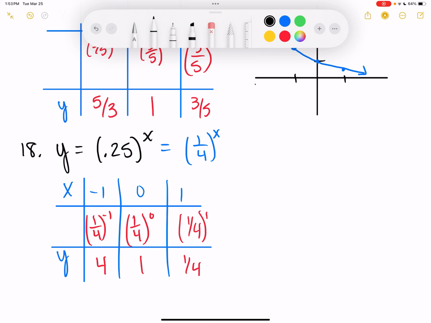So then graphing this one, I need to go up to 4 on the y. So at -1, I'm up at 4. At 0, I'm at 1. And at 1, I'm at 1/4, so just a little bit above there. And then just connecting like that.